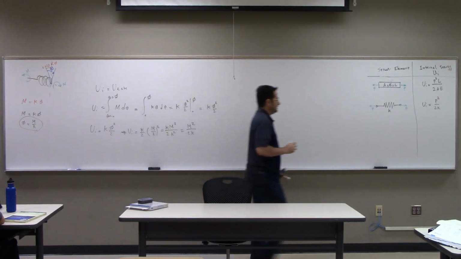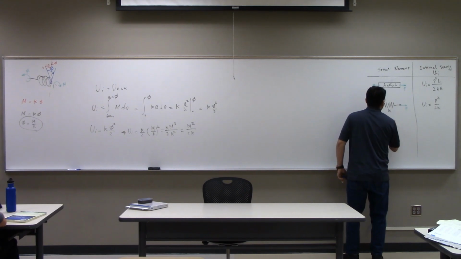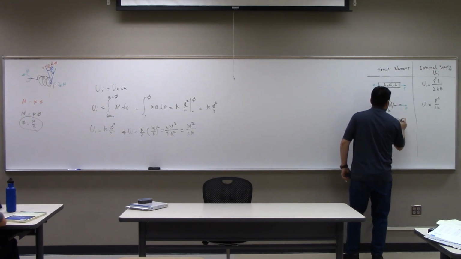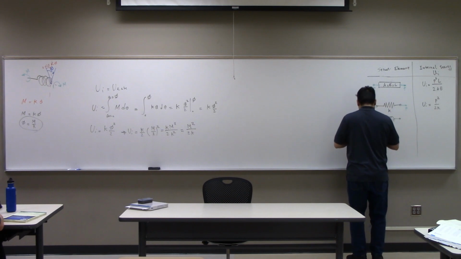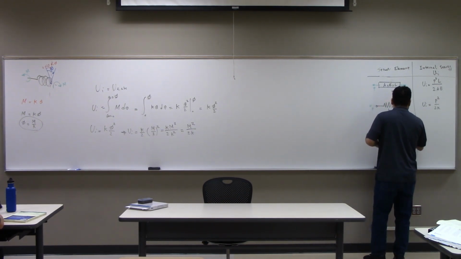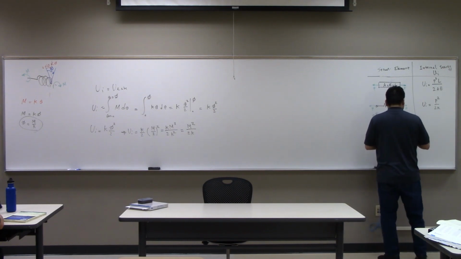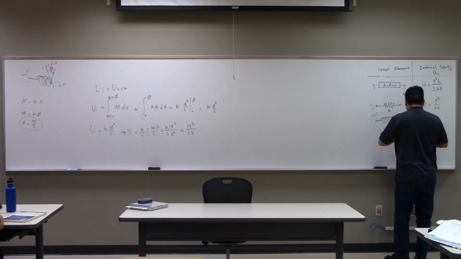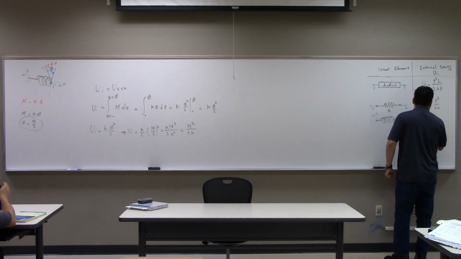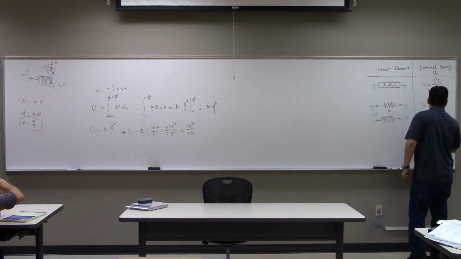So for a torsional spring that is subjected to a moment M, you get internal energy U equal to M squared over 2k.